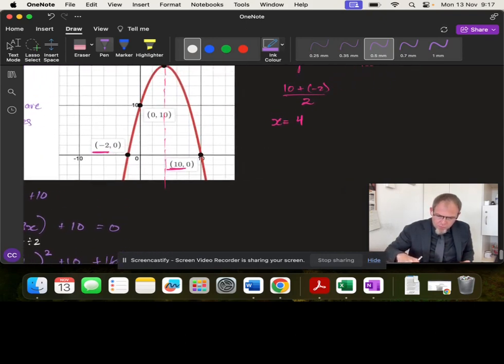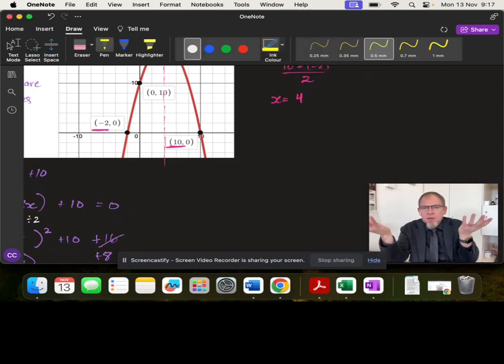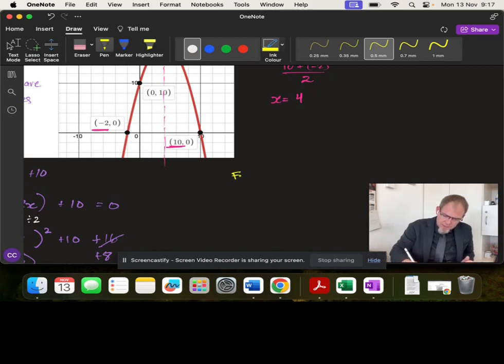Okay, there's one more way of doing this, and this last way is often the easiest way of doing it. We have a really handy dandy formula for this. The axis of symmetry is going to be x equals negative b over 2a, and that refers to ax squared plus bx plus c.